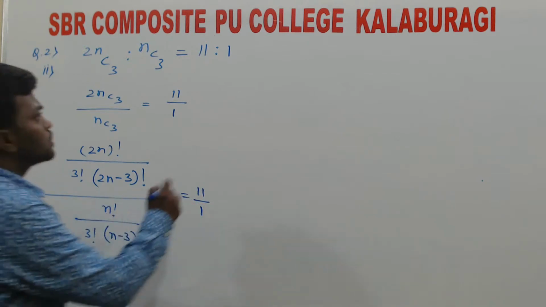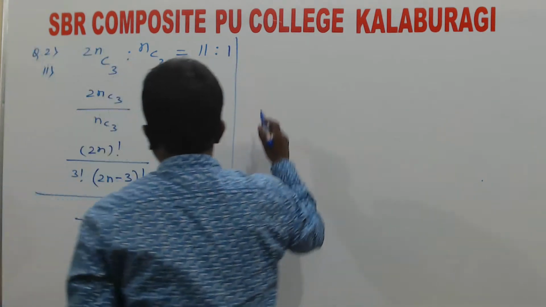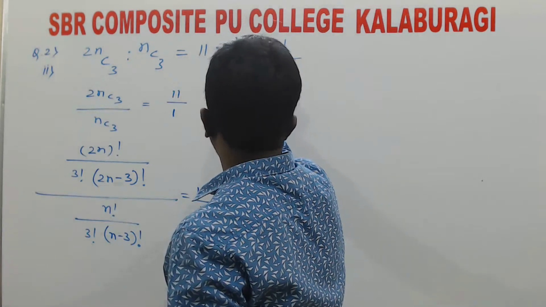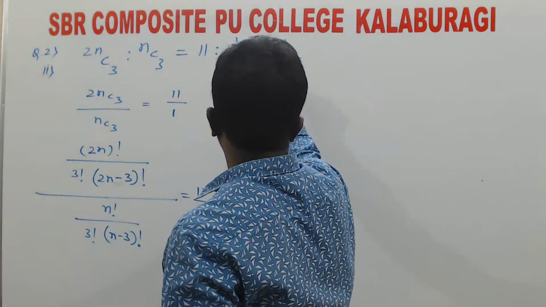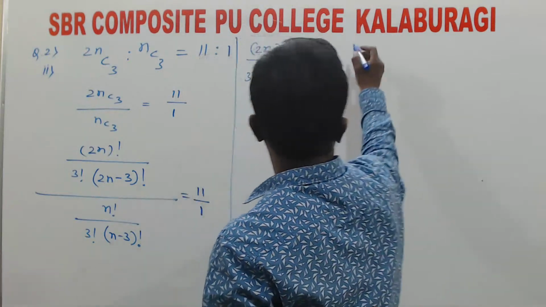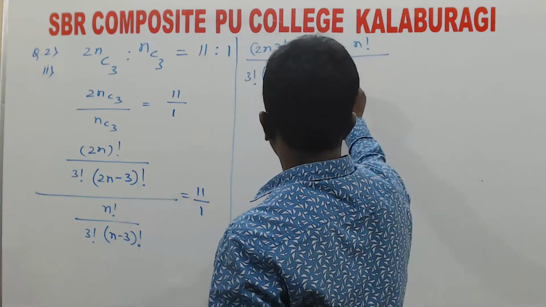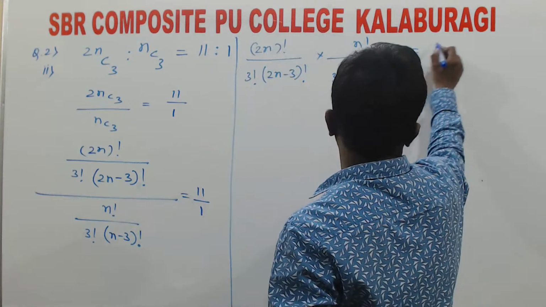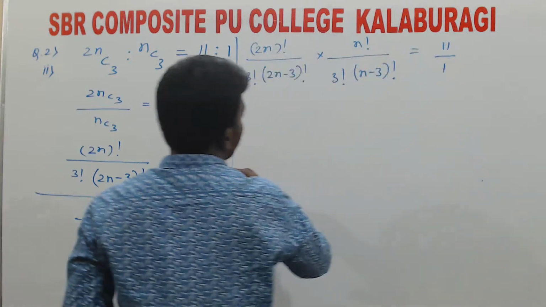Okay, students. So now, can I write this one as 2n factorial whole divided by 3 factorial into 2n minus 3 factorial, into n factorial by 3 factorial into n minus 3 factorial, which is equal to 11 by 1.